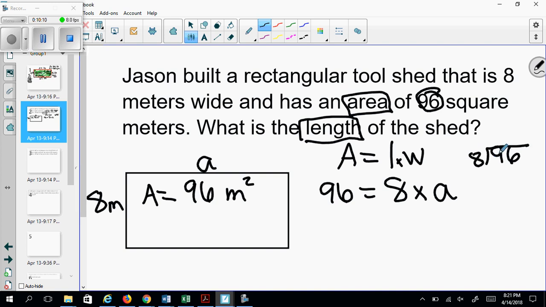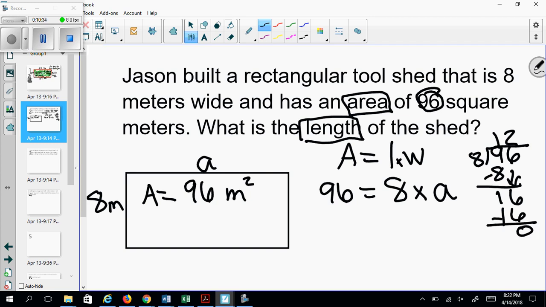So I see 9 divided by 8. 9 is more than 8, so I know I can do that at least once, and in this case it is. 1 times 8 is 8. Subtract, I have 1 left over. Bring down my 6. 16 divided by 8, I can do that twice because 8 times 2 is indeed 16. So, sweet, I have nothing left over.